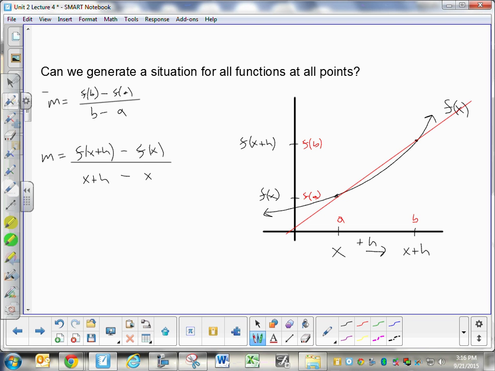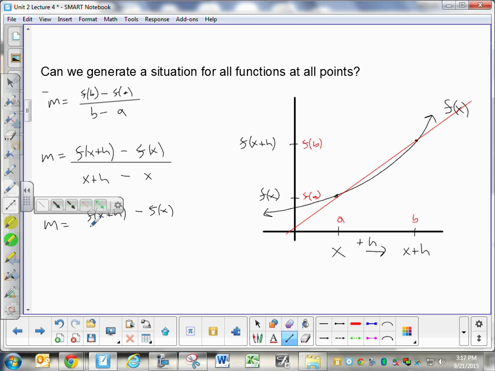Good. All right. Mr. Oshana, can I do anything with that you can see? f of x plus h minus f of x, and now I have x plus h minus x. Yeah, I can simplify the bottom. Good. Well, let's simplify the bottom. I have f of x plus h minus f of x over just h.